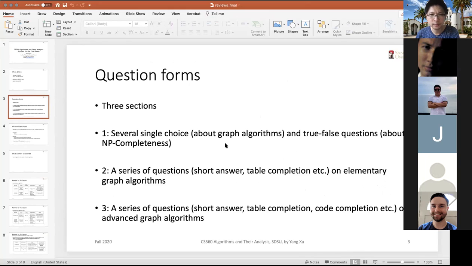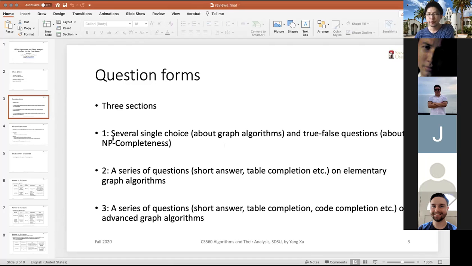I have a question. So are we expecting about 10 questions or so, or how many in total? So I mentioned there are three sections, and in the first section, there will be like 7 to 8 single choice questions.